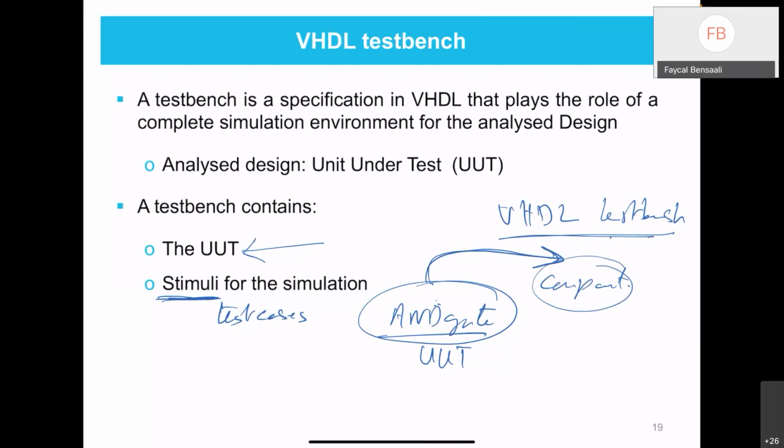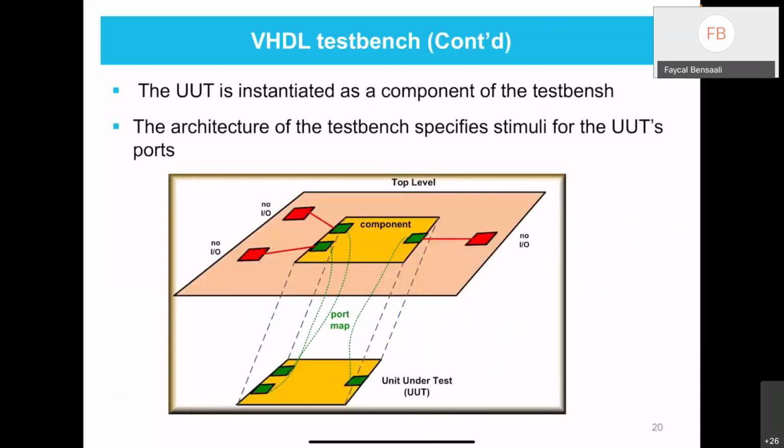And the test bench, so this is what I'm just representing with this small diagram here. So if this is your VHDL code, we have 2 inputs, 1 output. We will use this as a component in the test bench. And the test bench has an entity and architecture, but the entity will be empty, no ports.